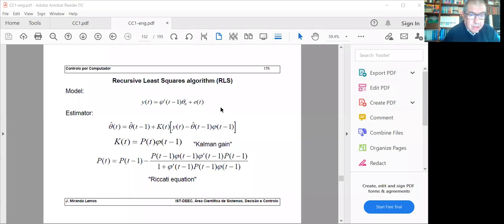Now, there are several problems with this. One of the problems is that even if you don't have noise, the matrix can be ill-conditioned depending on the data. So the data is crucial here, remember that.